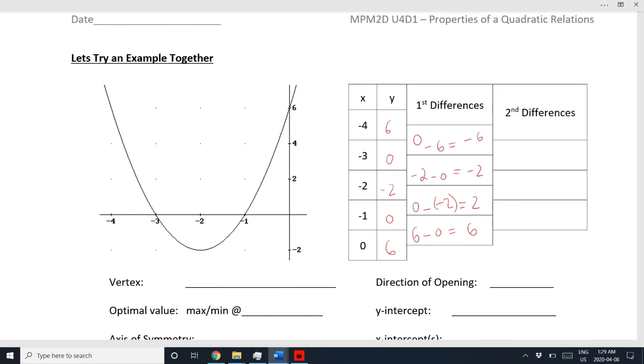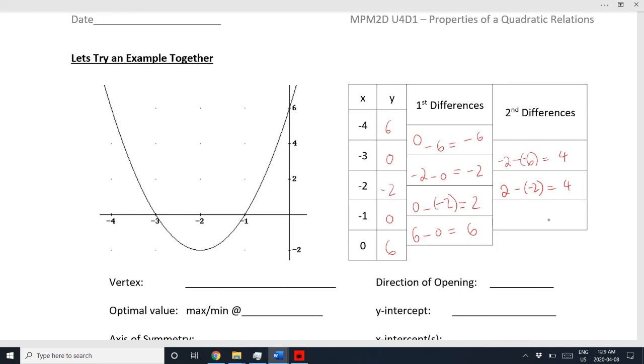Now, we'll check the second differences. So we do the same pattern again with these numbers here. We have -2 minus -6, which gives us +4. Then we have 2 minus -2, which is also equal to +4.